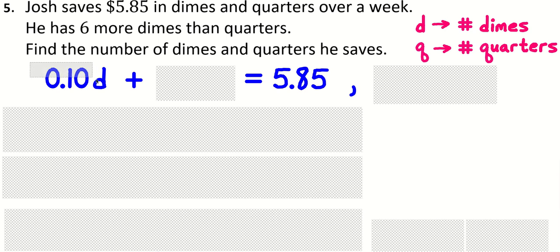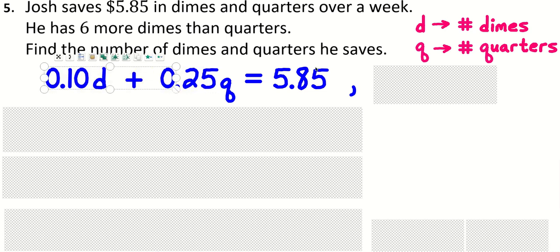This is how much money we have in dimes. Then this will represent the amount of money we have in quarters, because you take the number of quarters, whatever it's supposed to be, and multiply by 0.25. Then add these up and you get that. So there's an equation, right? We have this equation coming right from the reading of the story problem.